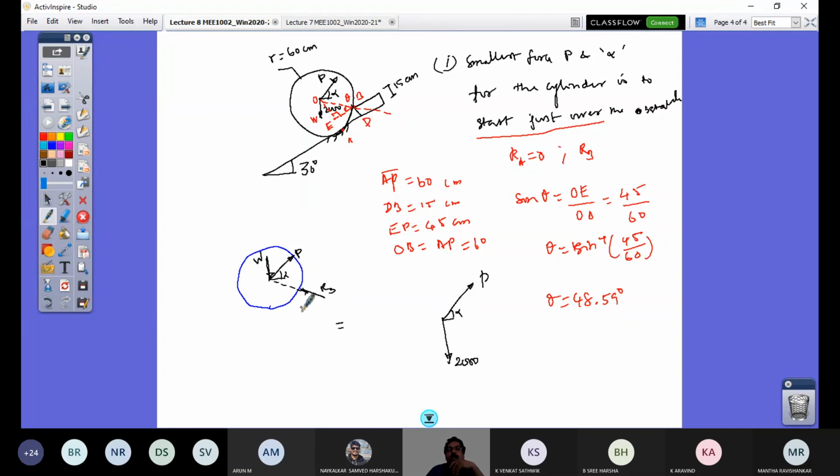So the direction of RB is now to be understood. The direction of RB to EB is what we have seen. That is to the slope, this angle. So what is it to the vertical? What is it to the vertical? So this direction is how much? This angle is what I needed.